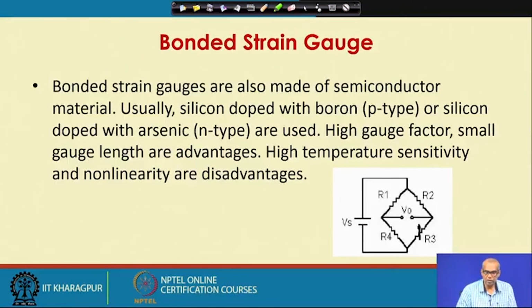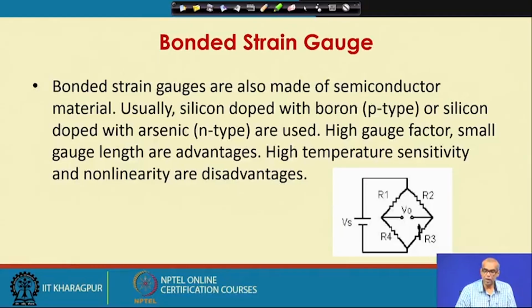So, bonded strain gauges are also made of semiconductor material, usually silicon doped with boron, p type, or silicon doped with arsenic, n type, are used. High gauge factor and small gauge length are advantages of semiconductor type strain gauge, but high temperature sensitivity and nonlinearity are disadvantages.